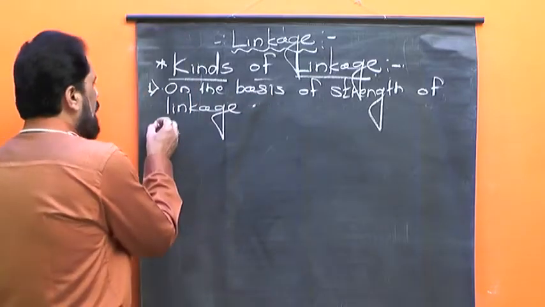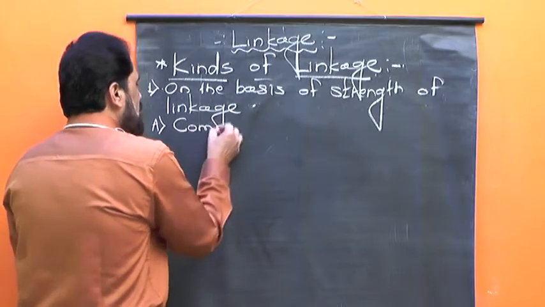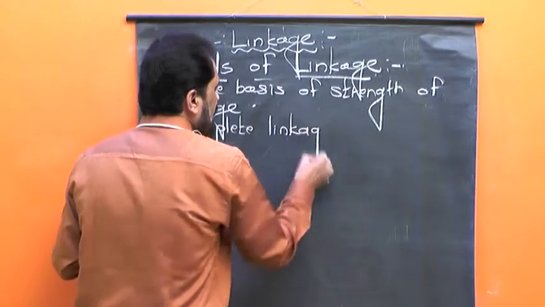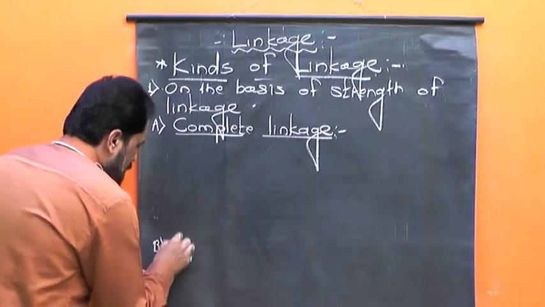The first one is known as complete linkage, and the second is incomplete linkage.